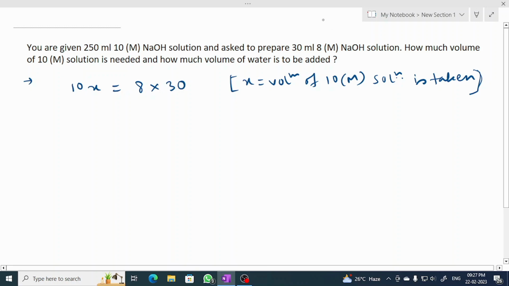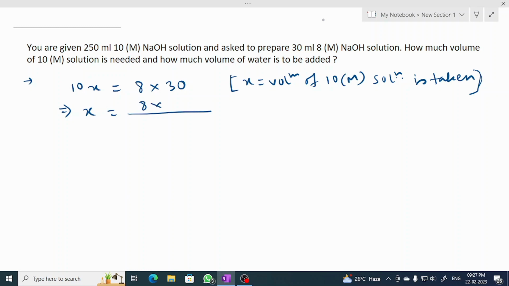From that we can calculate the value of x. x is equal to 8 into 30 by 10 is equal to 24 ml.